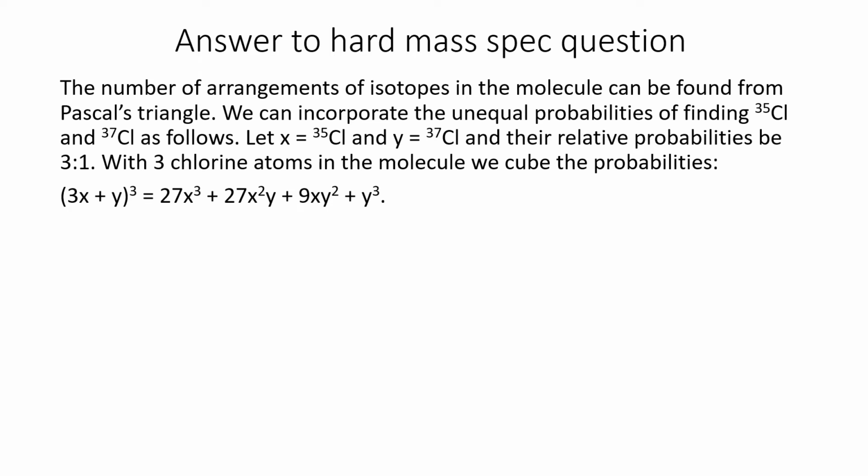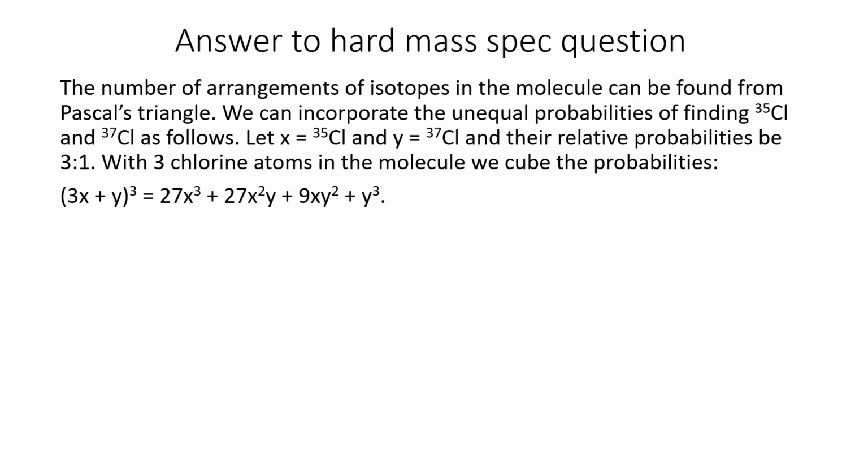And the way I've gone about it here, if we talk about X and Y as the two chlorine isotopes, we could have X as the more abundant chlorine 35, Y as the less abundant chlorine 37.